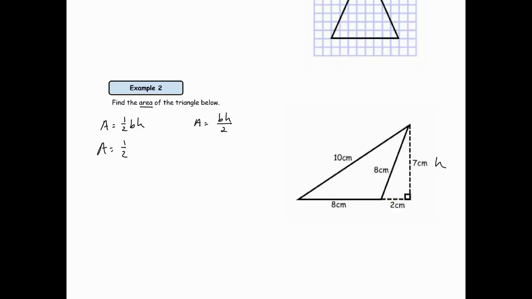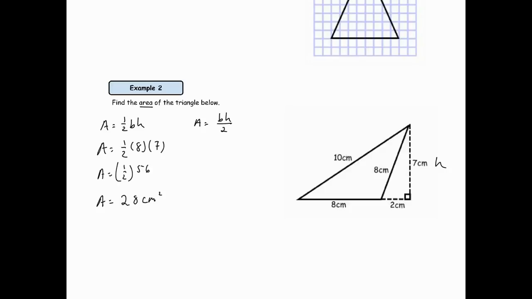Again, this dotted line is just a reference point. So our base is 8 and our height is 7. So area is equal to 1/2 times 8 times 7, which is 56. So 1/2 of 56, area is equal to 28 centimeters squared.